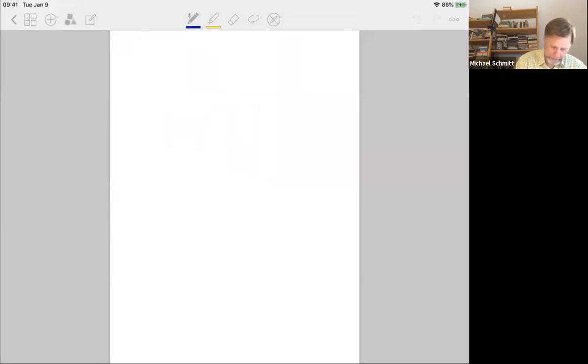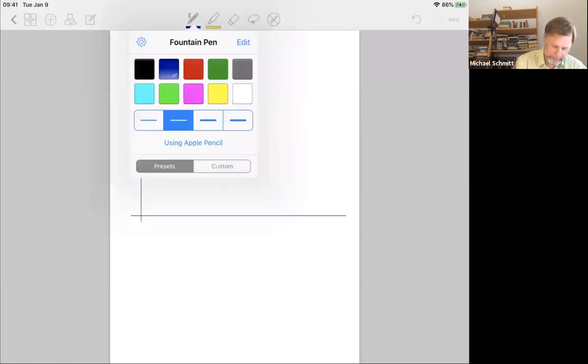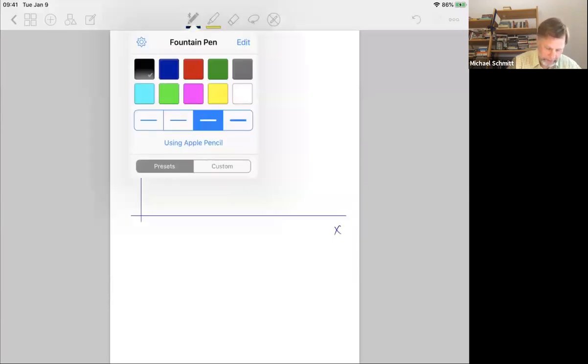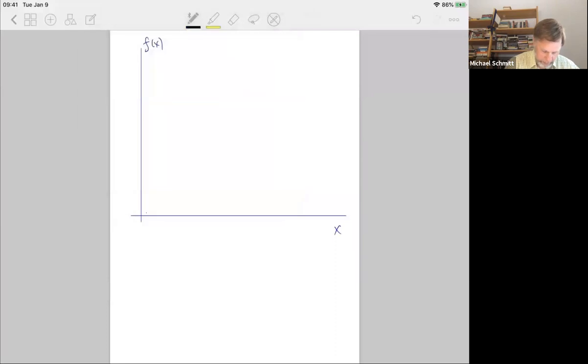Okay, so here's an independent variable x, and this is the axis for the PDF. This is f of x, and this is x. Let's suppose we have a PDF which is roughly Gaussian shaped, although it doesn't have to be.